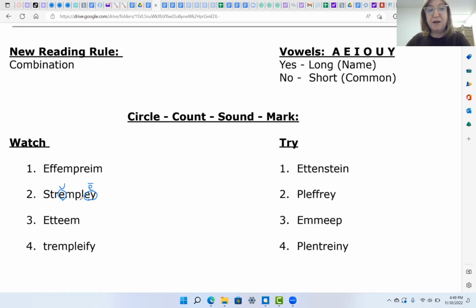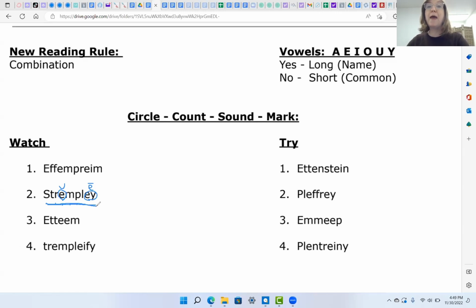And here's a two-letter blend right here. PL, pull. Okay, so the word is st, p, o, e. Stremply.